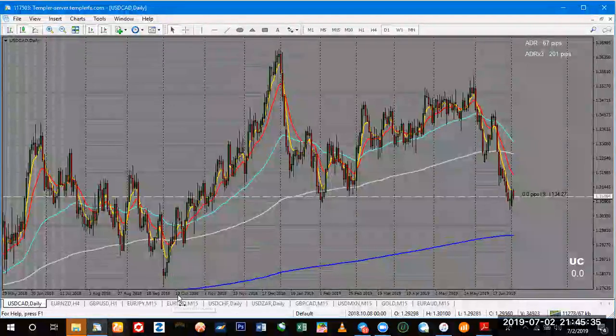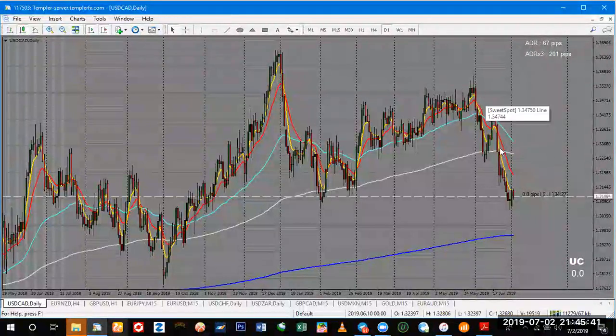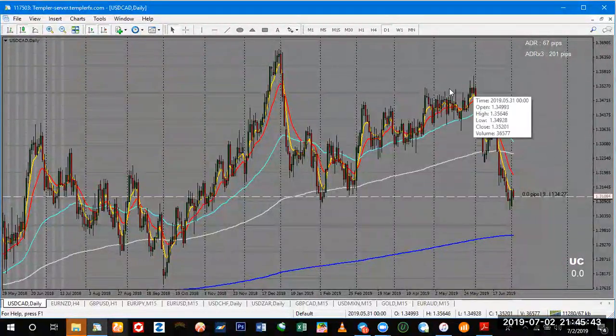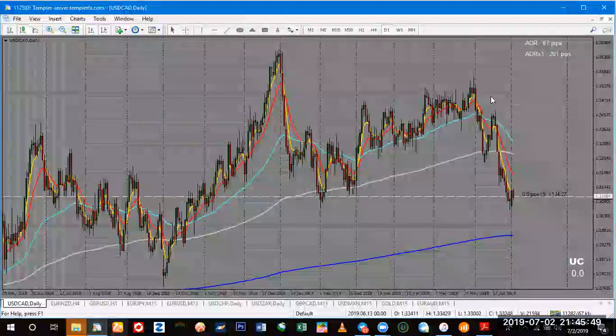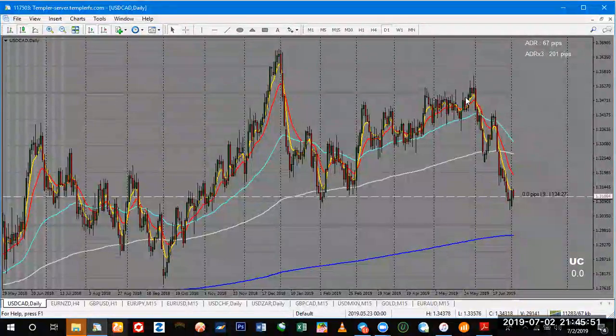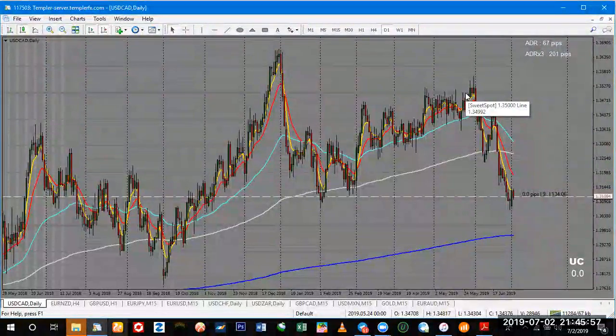This is USD CAD. This here, before it dropped, was a big peak around the quarter price. So from there, you should expect 3 levels on the daily time frame.